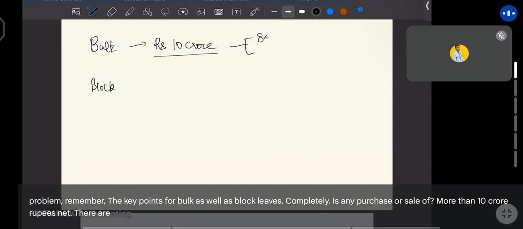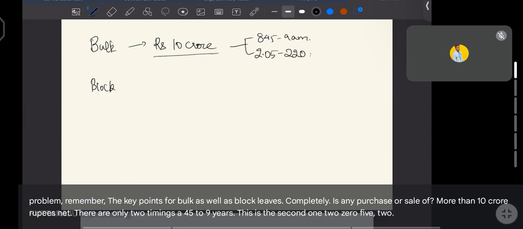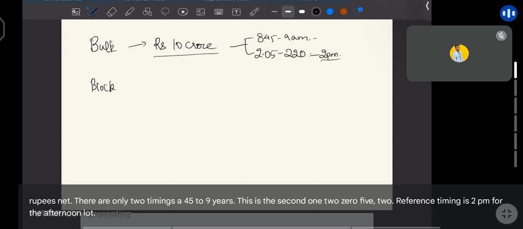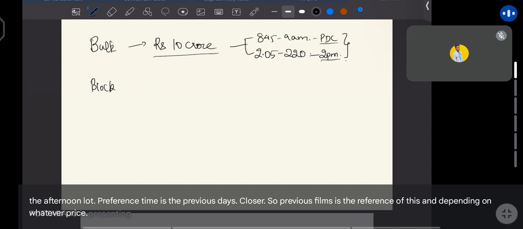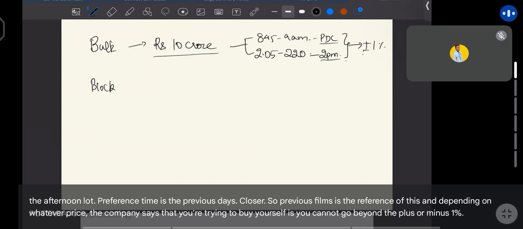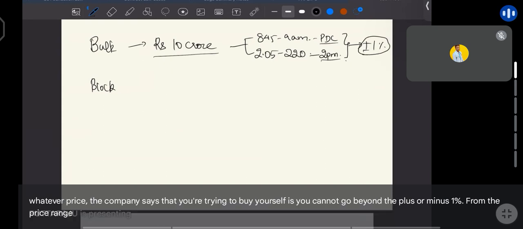There are only two timings, 8:45 to 9 a.m. and a second one, 2:05 to 2:20 p.m. The reference for the afternoon window is 2 p.m. and for the morning window it is the previous day's closing price. And depending on whatever price the company shares that you're trying to buy or sell are at, you cannot go beyond plus or minus 1% from the price range of that particular company.